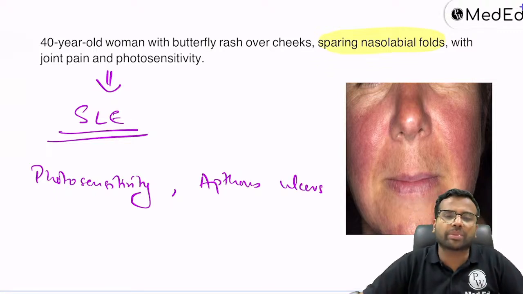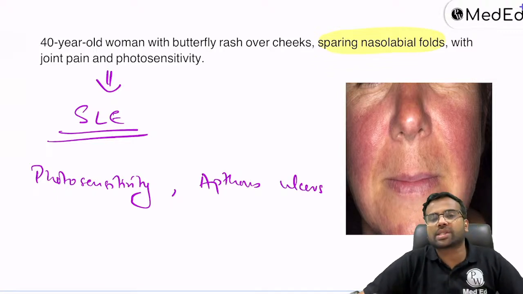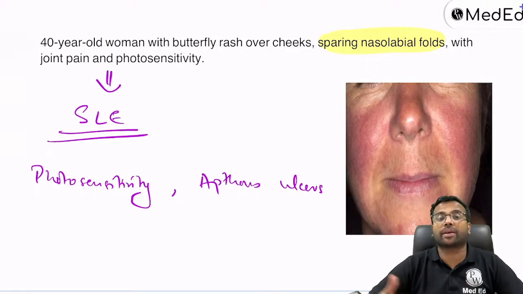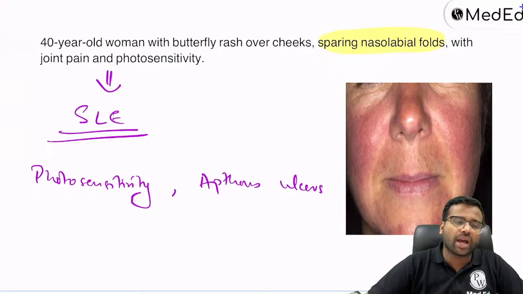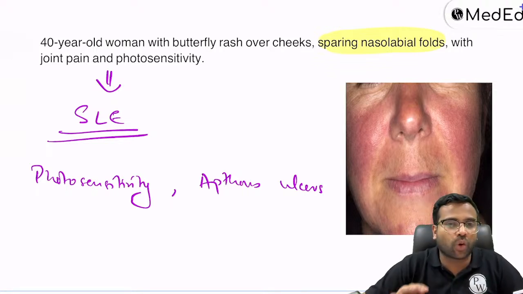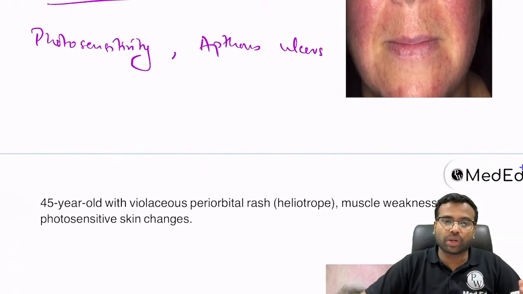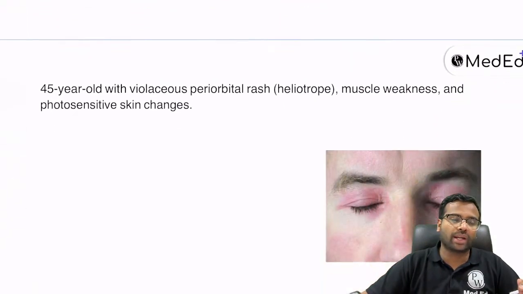A lot of symptoms can be seen, and you will also investigate the patient, isn't it? You'll investigate whether she has anti-nuclear antibody, and you know that this is a condition which is more common in females than males. All these are the findings in systemic lupus erythematosus. So now let's see one more.